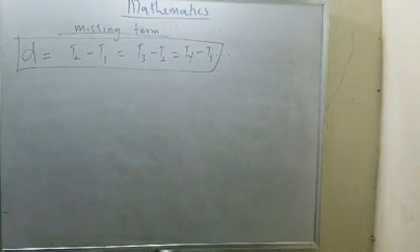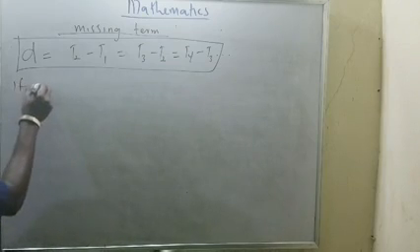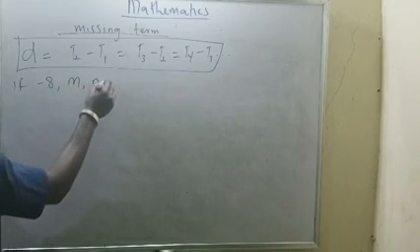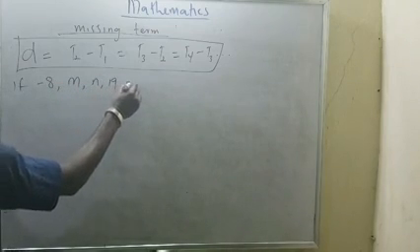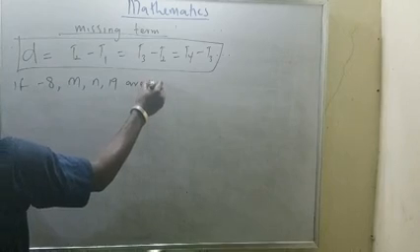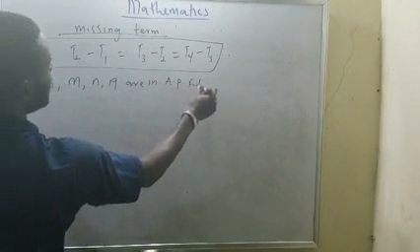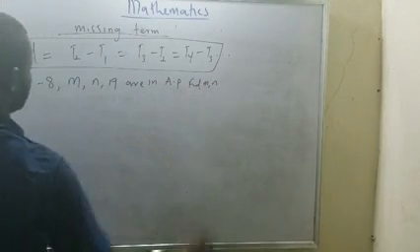For instance, if minus 8, m, n, 19 are in arithmetic progression, find m and n.